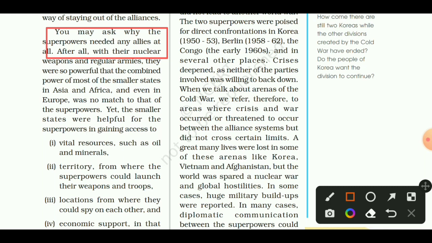China also does the same thing. China goes to Iran and almost all Arab countries and explores all their natural resources. And second, territory and assist.